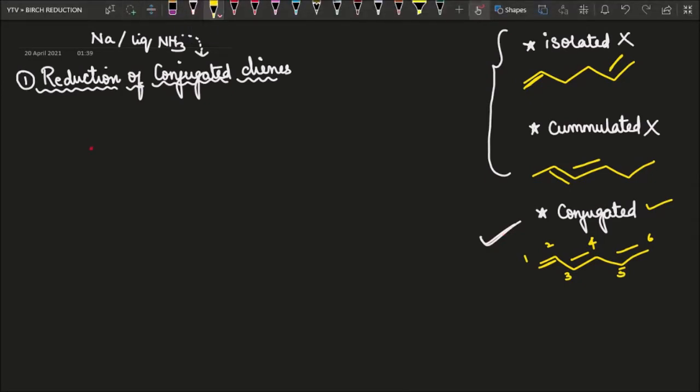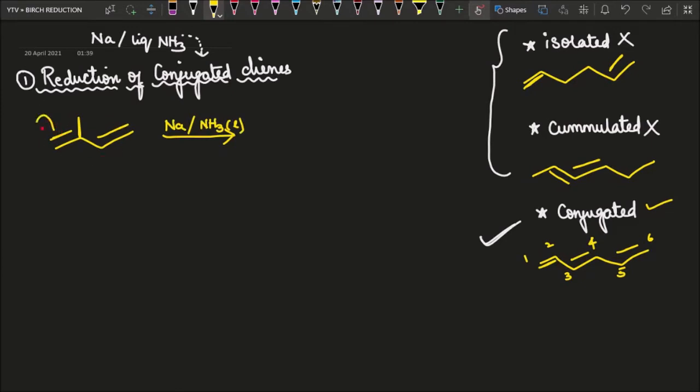Okay, so let me take a substrate. So let the substrate be like this. There is going to be a double bond over here, and then in this carbon there is a double bond. So this is a conjugated system, double bond followed by a single bond followed by a double bond. Now the reagent that I am adding is sodium metal dissolved in liquid ammonia. Now what happens here exactly? So in the first step, since it is conjugated, it can participate in resonance, right?